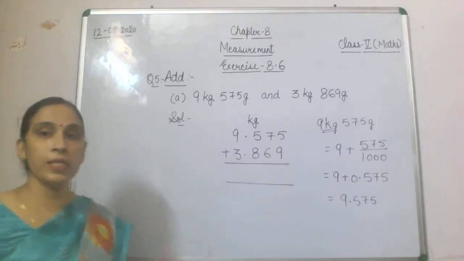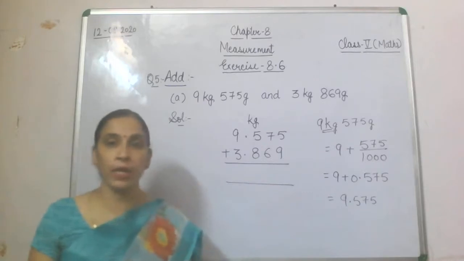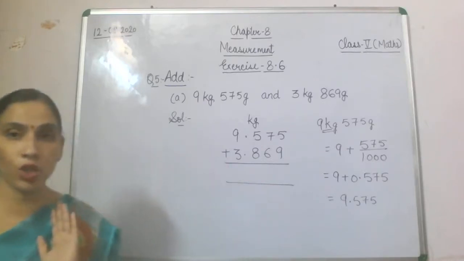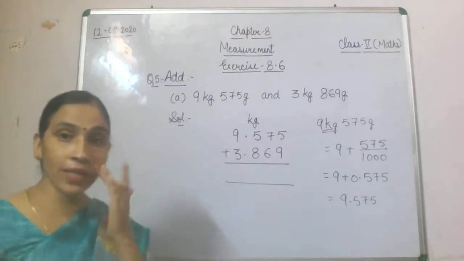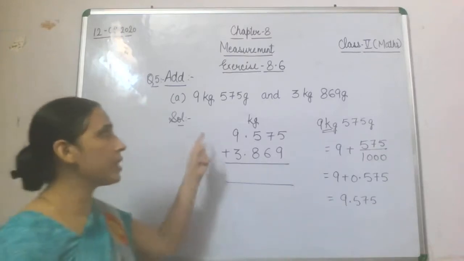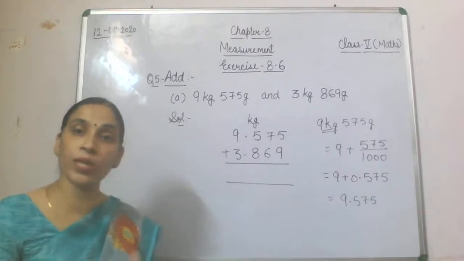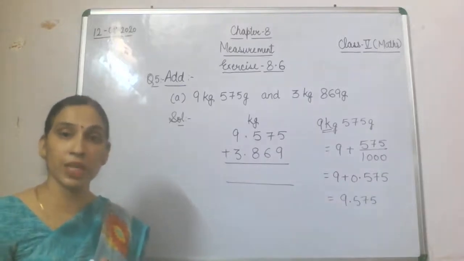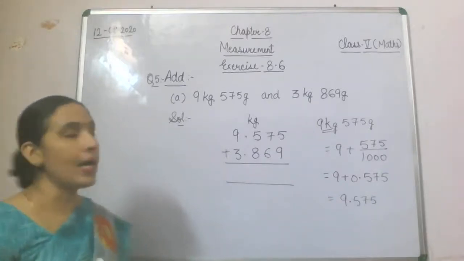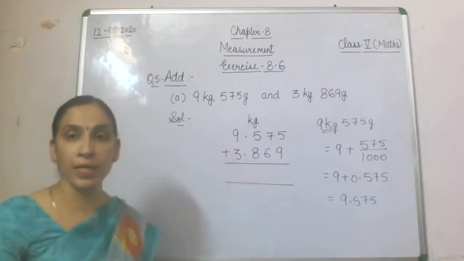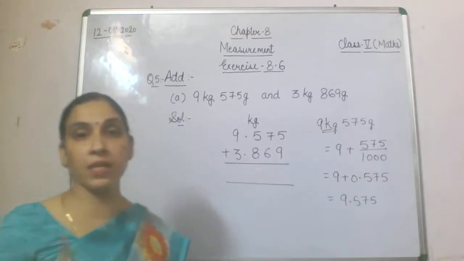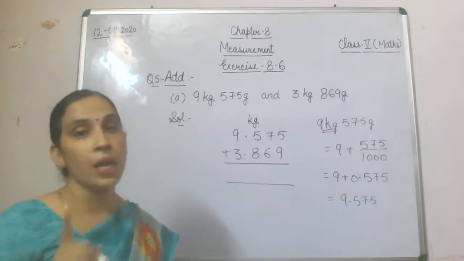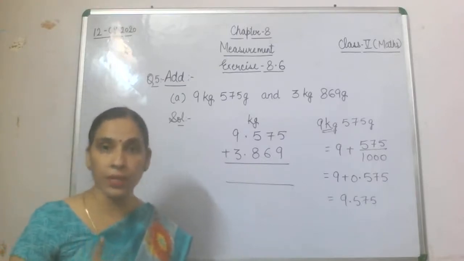In this exercise we are going to use the concept of conversion. By using that conversion, we always represent the given kg and gram into kg only. We change it into decimal form and then do addition. Remember, always express the given weight into kg and then add.